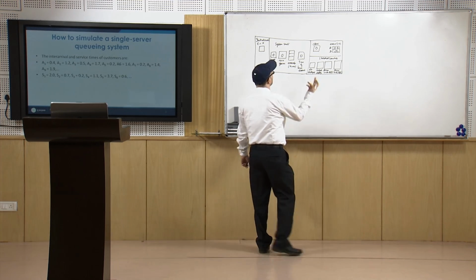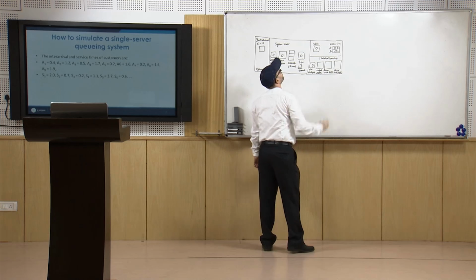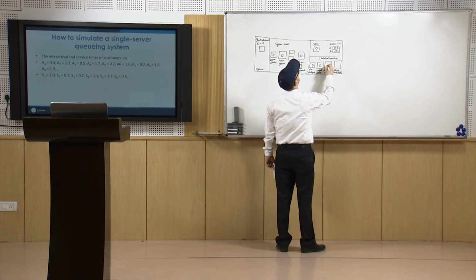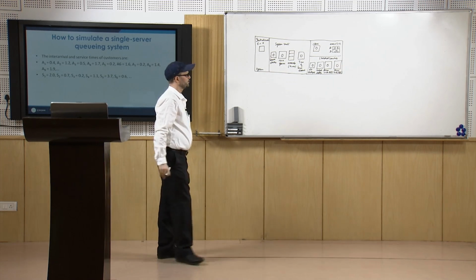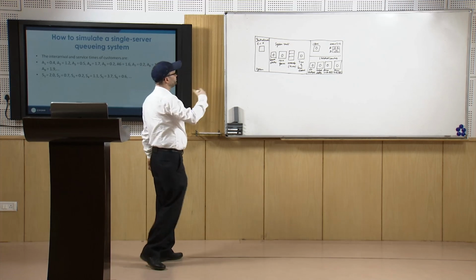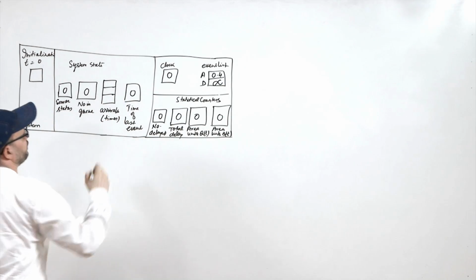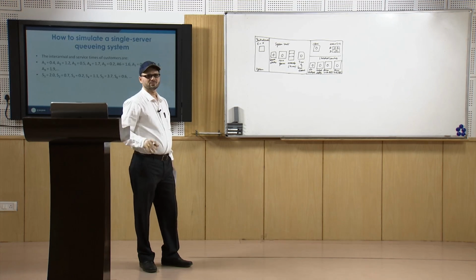There is no person in the system, so there is no delay; total delay is 0. There is no other previous value, so everything will be 0. Now the computer will look for the next event time from the event list.